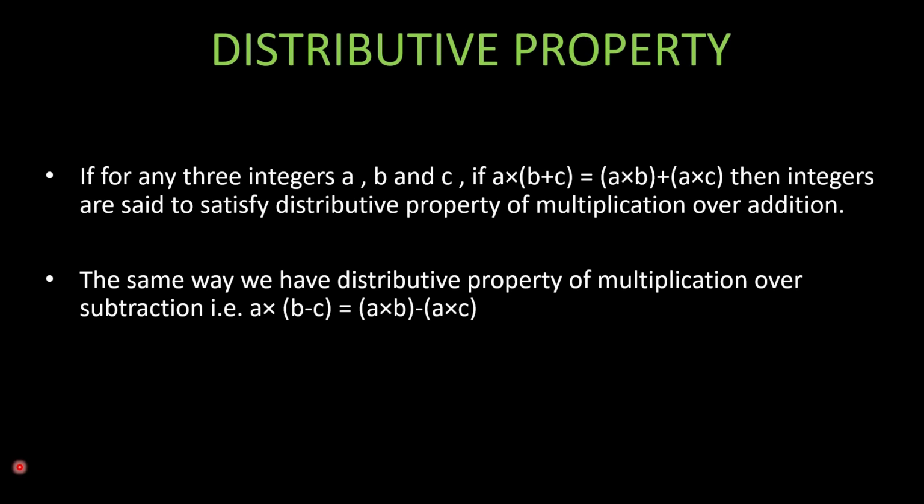According to this property, if you are taking any three integers, let's say a, b and c, then a multiply in brackets b plus c is equal to a multiplied by b plus a multiplied by c.